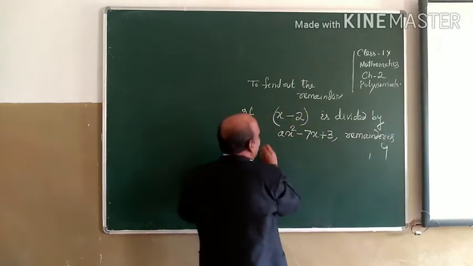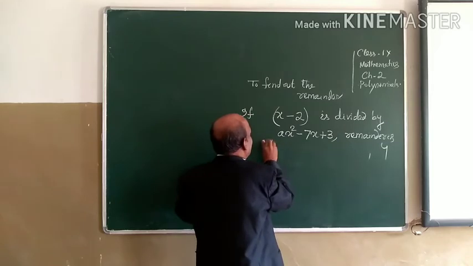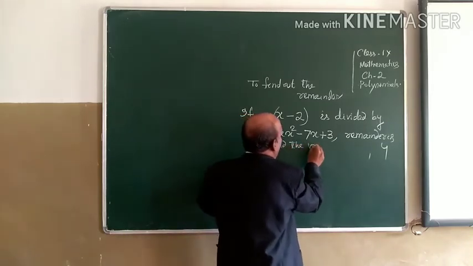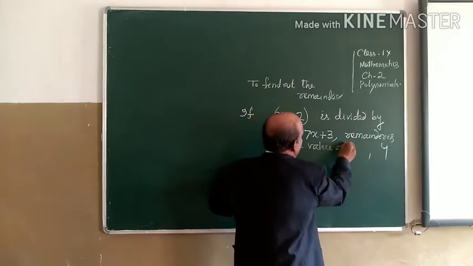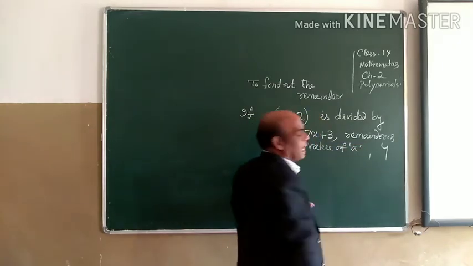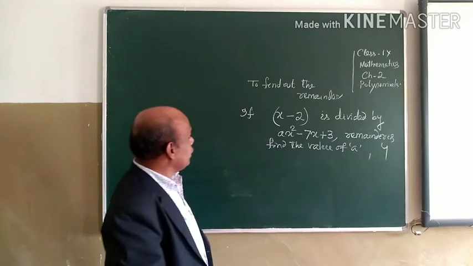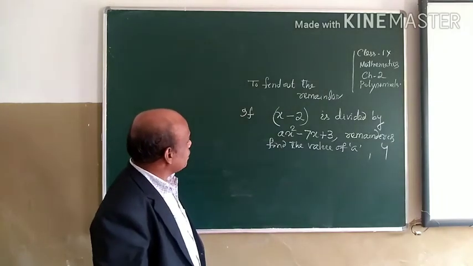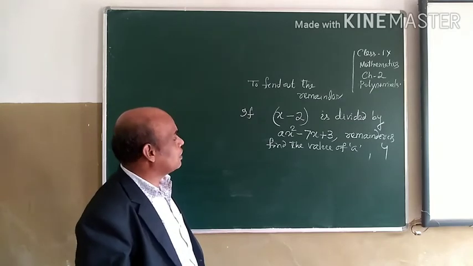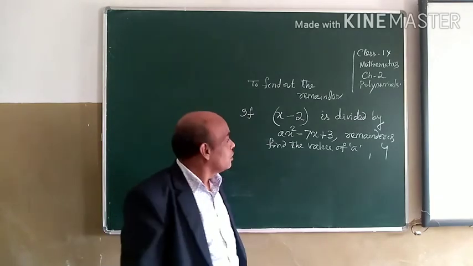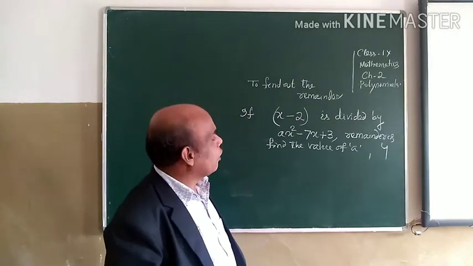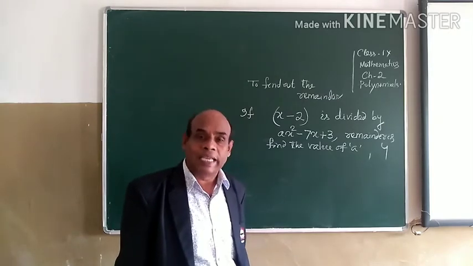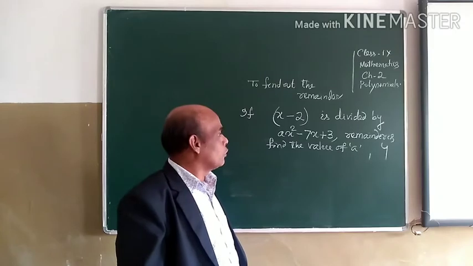What is the value of a? Find the value of a. Suppose this is the type of question given to you. When a x square minus 7x plus 3 is divided by x minus 2, the remainder we got is 4. So find the value of a.